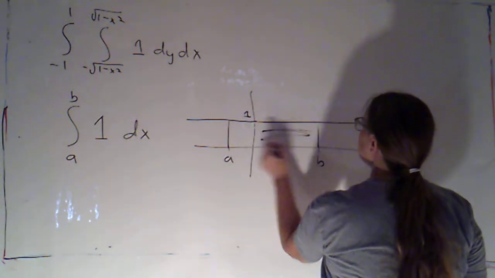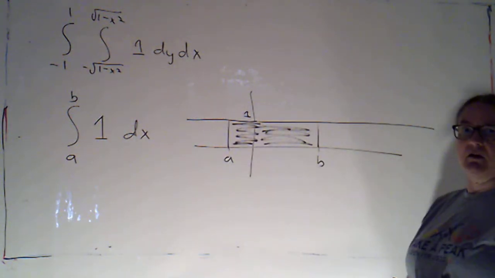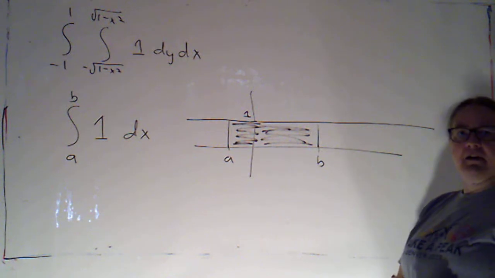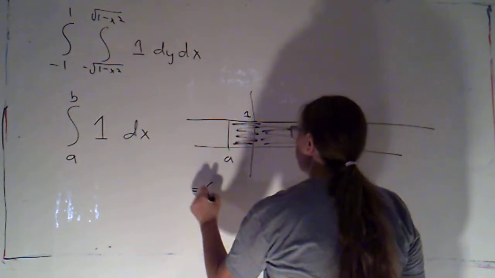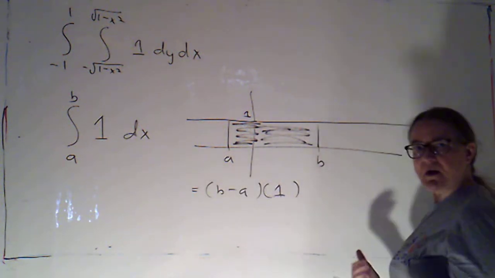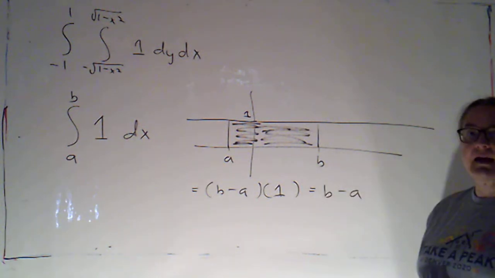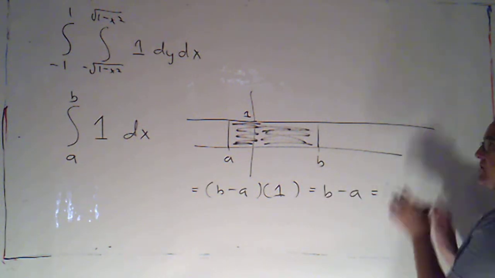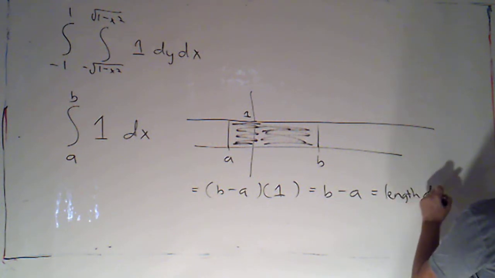Well, that's just the area of this rectangle. But I know that the area of a rectangle is just base times height. The base would be b minus a. The height would be 1. I'm going to get b minus a, which you'll notice numerically is the length of the interval.